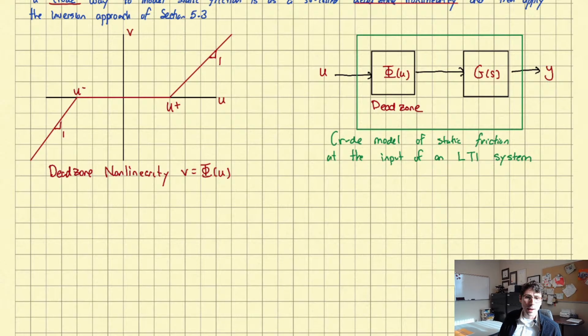It has its drawbacks, this approach, but it has some advantages too. One of them is that the values U plus and U minus are easy to measure, right? This is something you would have done in the lab.